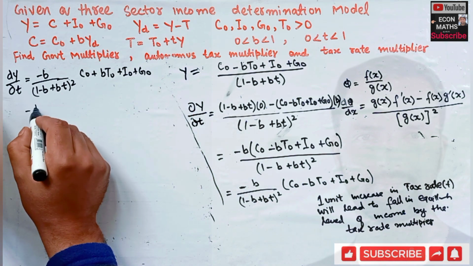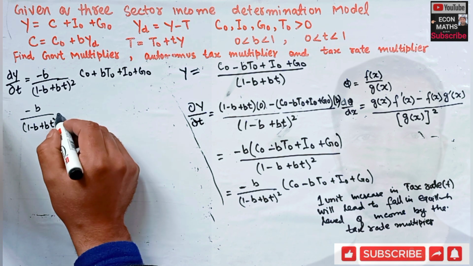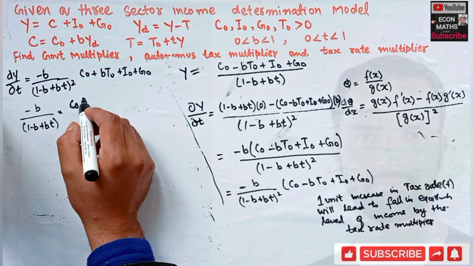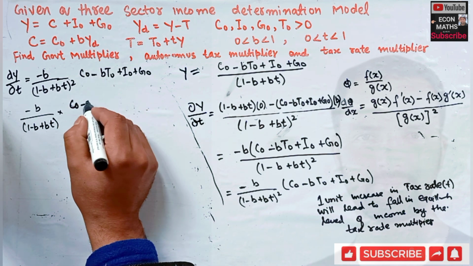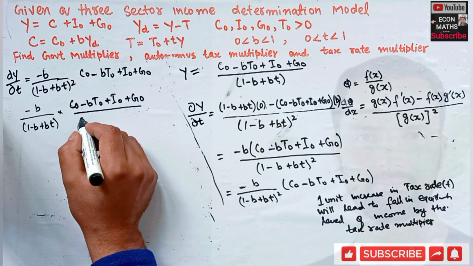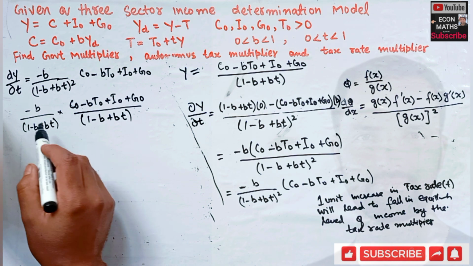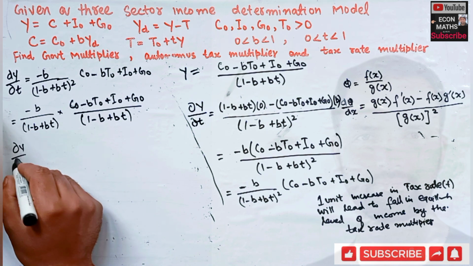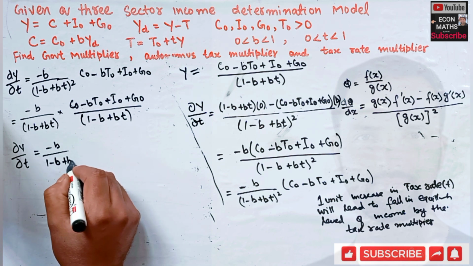I can write it like this: minus b upon 1 minus b plus bt, okay, into this c naught minus b t naught plus I naught plus g naught, over 1 minus b plus bt, okay, because if we multiply these two it will get squared again, or dy upon dt is equal to minus b upon 1 minus b plus bt, okay.